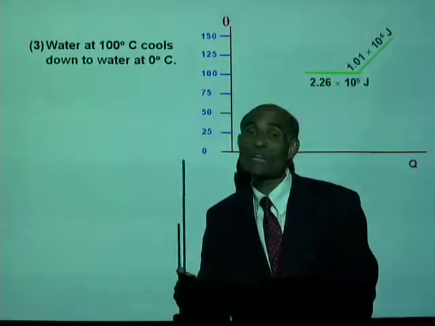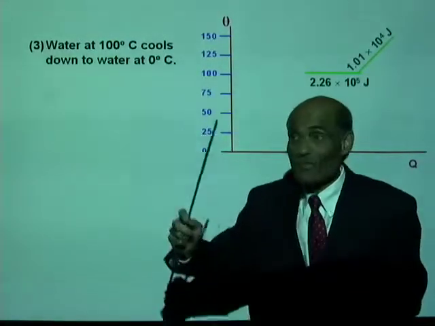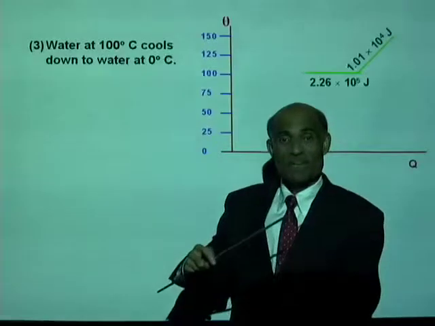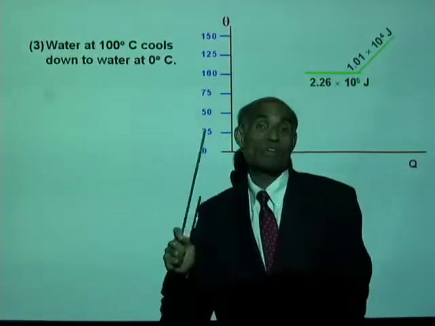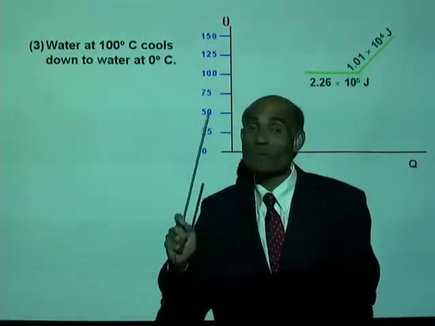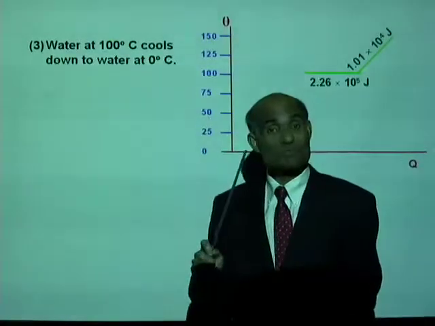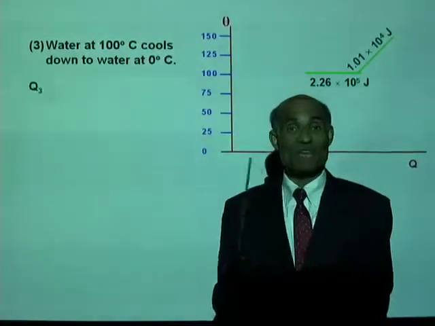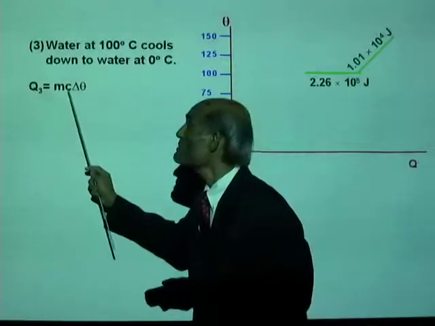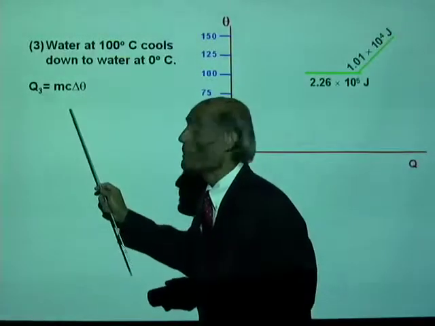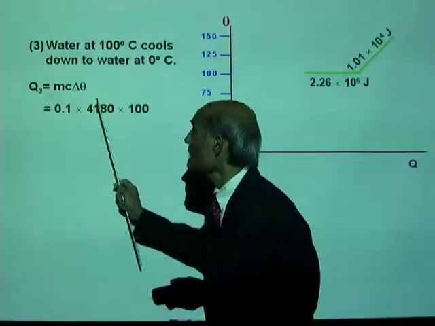What is the amount of heat lost during that time? There is a change in temperature. Therefore, the amount of heat lost during that time will be mass times specific heat times the change in temperature. mc delta theta. Mass is 0.1 kilogram.